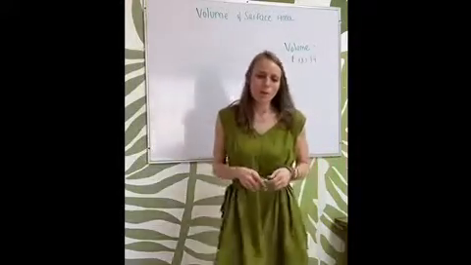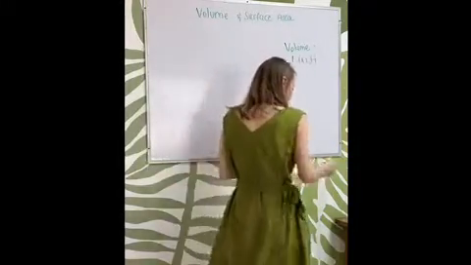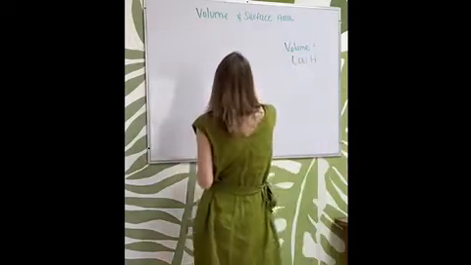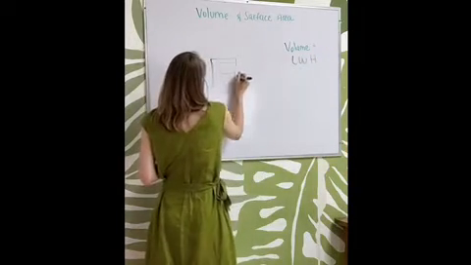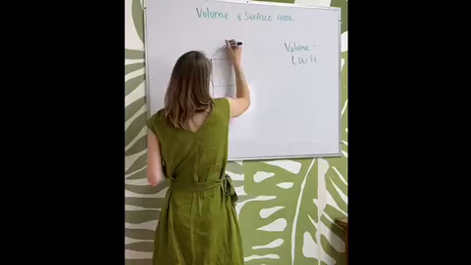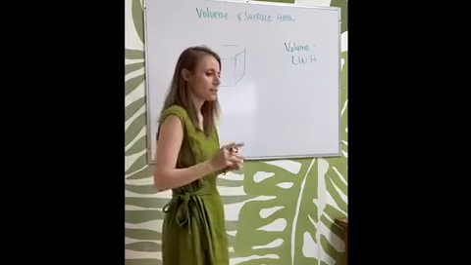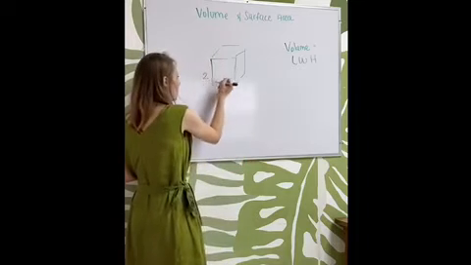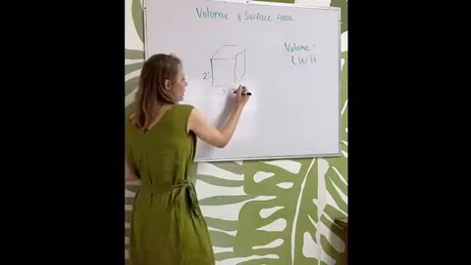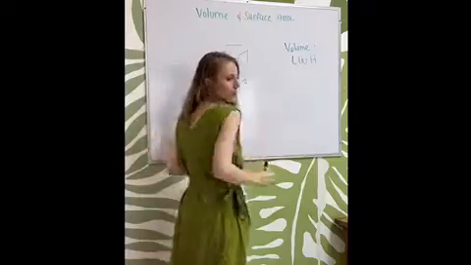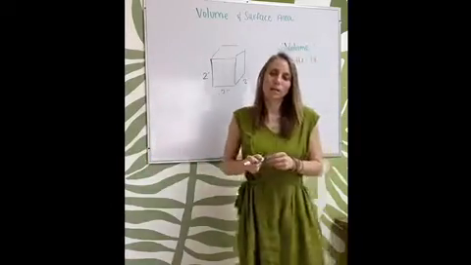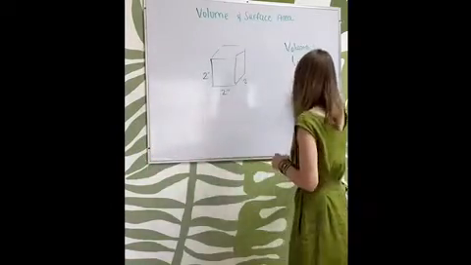Okay, so let's say you have a cube. Let's use, maybe we have a 2-inch cube. I'm doing my best here to draw a shape for you. So let's say it's 2 inches by 2 inches by 2 inches. If we want to use that with our formula of length times width times height, that's perfect.